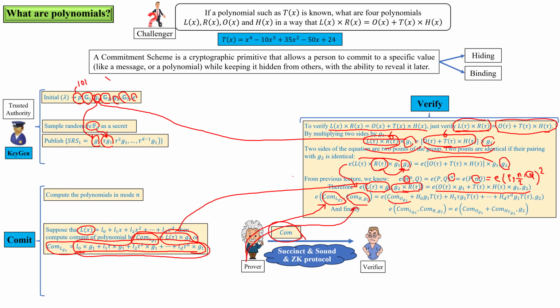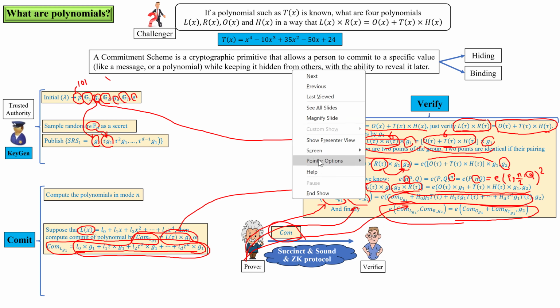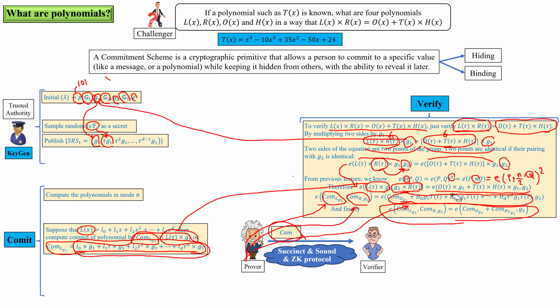And this part is also the commit of the other polynomial, computed by the prover and sent to the verifier. So then the verifier just needs to compute this pairing to ensure whether this pairing is satisfied or not, right? Okay, so then let's review the algorithms again.